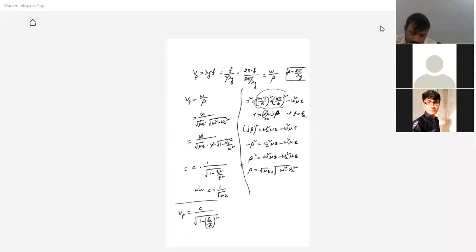This is the equation for the phase velocity. In the same way, you can go for the group velocity.